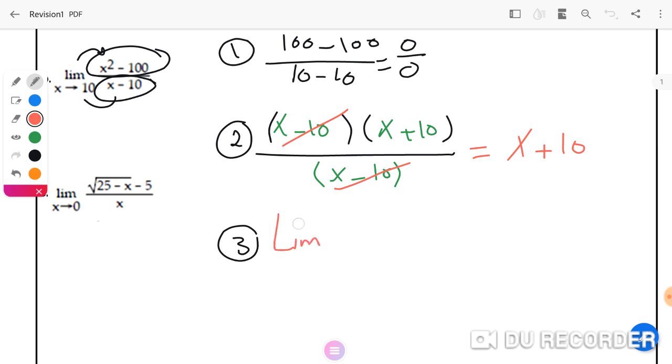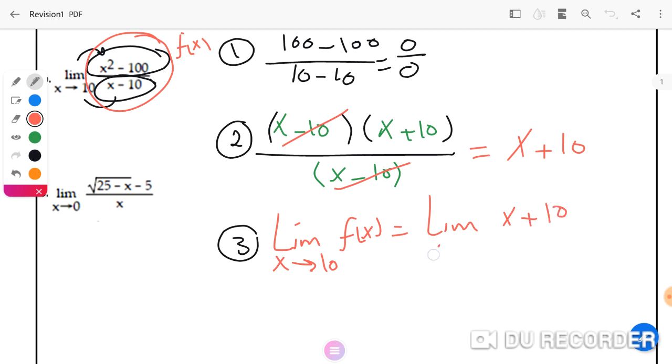The limit of the given function, which I name f of x, when x approaches 10, will be like the limit of its redefined function when x approaches the same value, which is 10. Replace here, as I told you, substitute in the first step, and the last step, or the third one, in the redefined function. It will be 10 plus 10, it will be 20. I think it's clear now, okay?